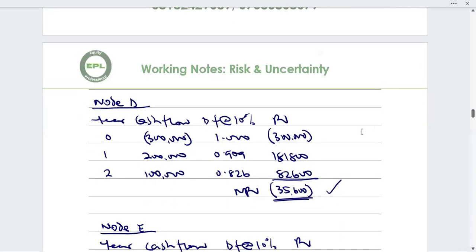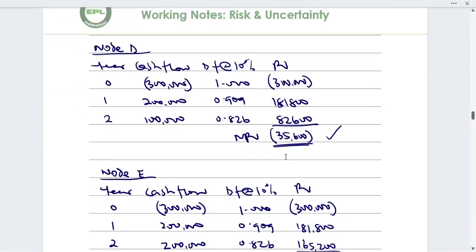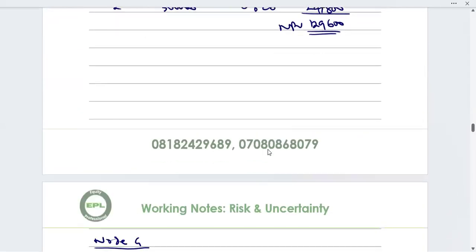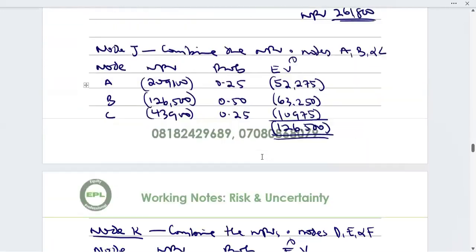Therefore, to get the probability that the NPV will be negative would be the probability of the nodes with negative NPV. So let's quickly indicate that.